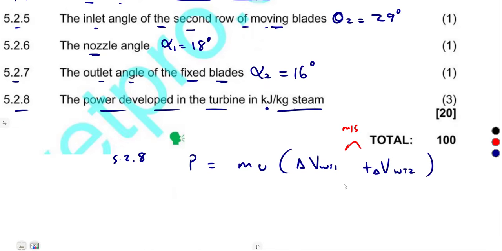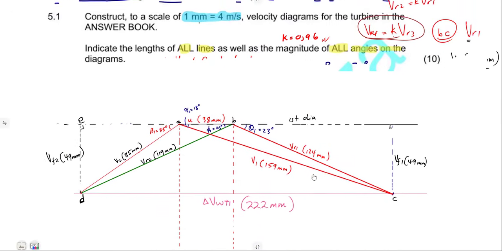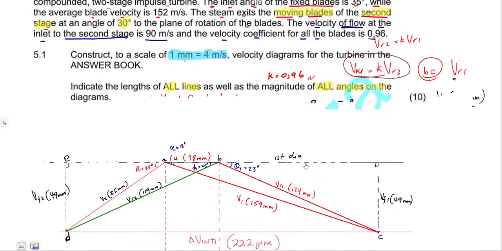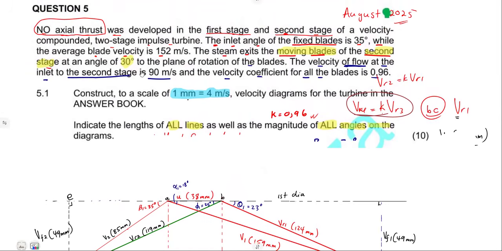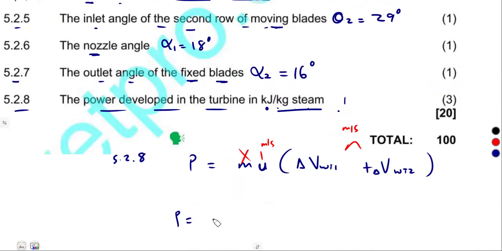You're not given the mass, so you take it as 1 kilogram, so that will be per kilogram of steam. We take the value of U in meters per second as given before. Before we converted, that was 38 millimeters, but before it was 152, so they just use that one in meters per second, 152 times.